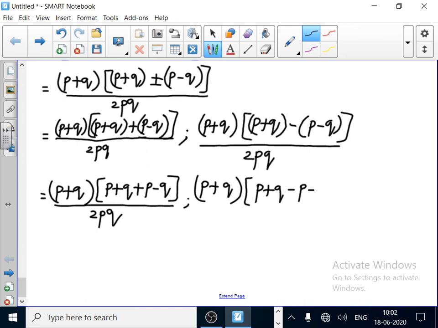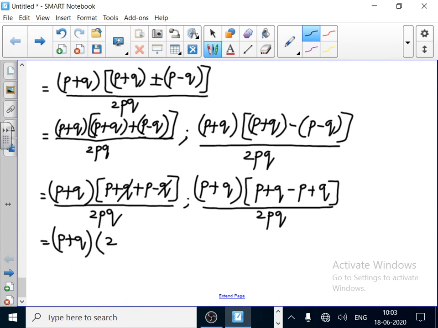Bring the minus sign inside the bracket, so it will become plus q, whole divided by 2pq. Cancel the common term. Plus q and minus q get cancelled. The remaining term will be p plus q into 2p, whole divided by 2pq.